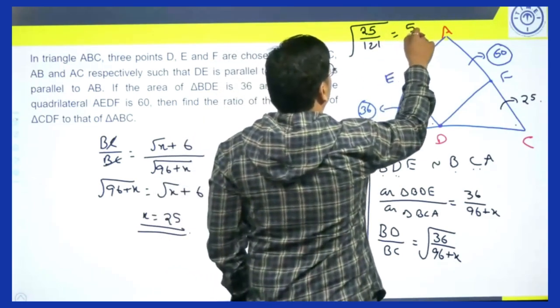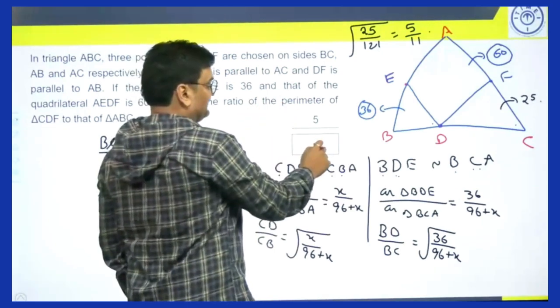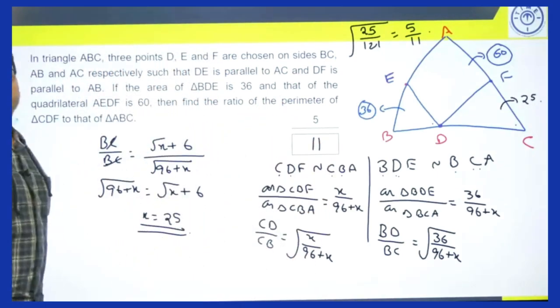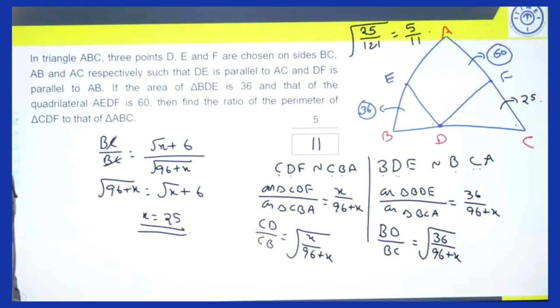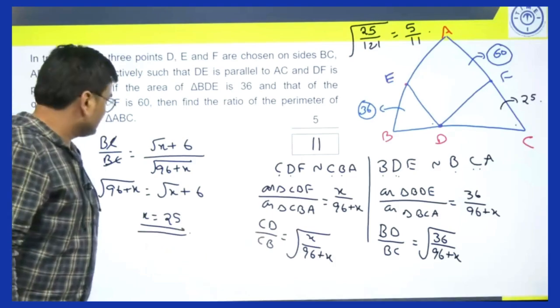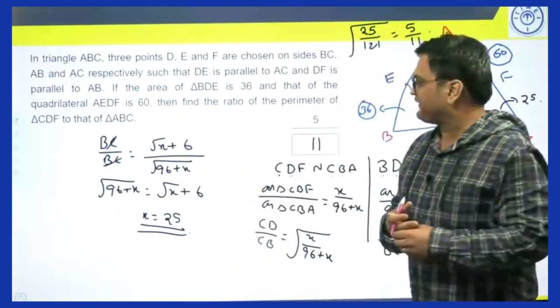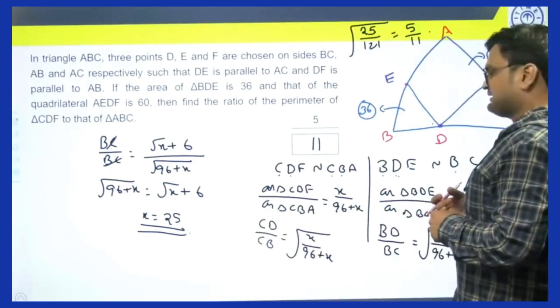So this is nothing but 5 upon 11. So the answer should be 5 upon 11. I already have a 5 there, so in the denominator we will simply place 11. That should be the answer. Okay. So similar triangles, we could do it like this. Now let me just clean this all.